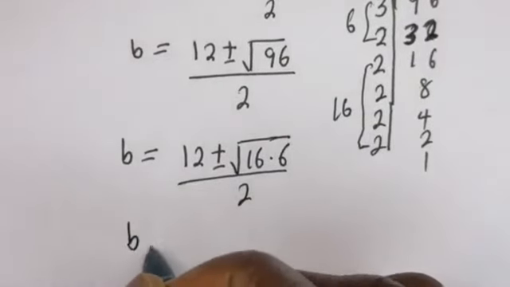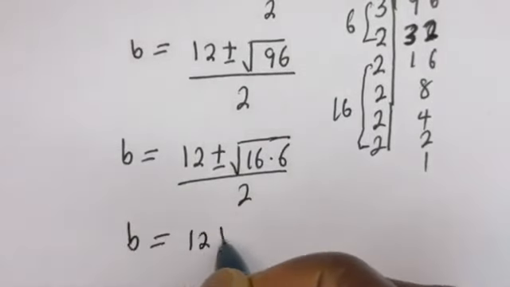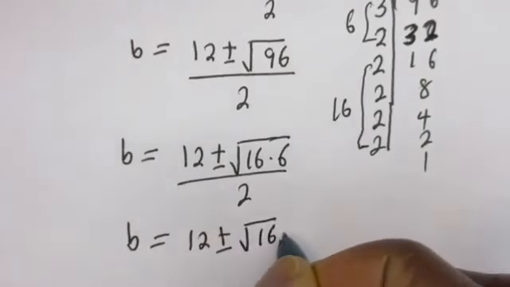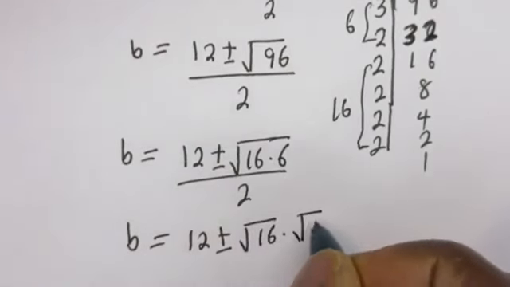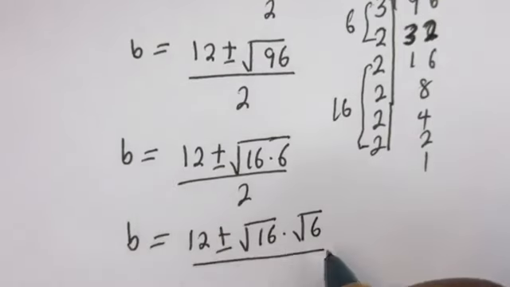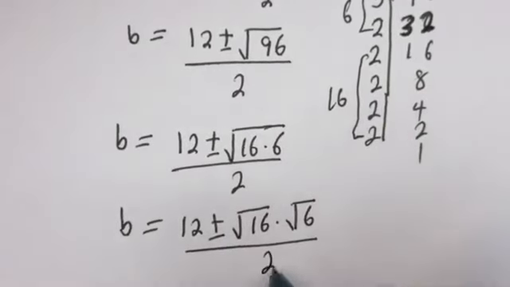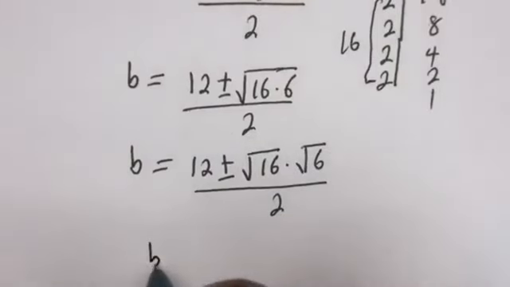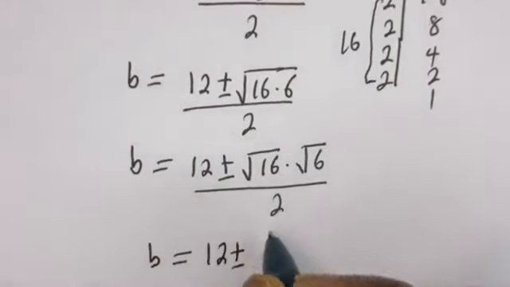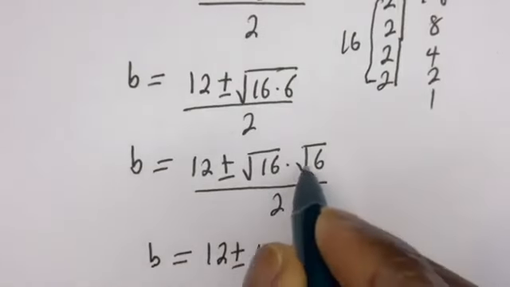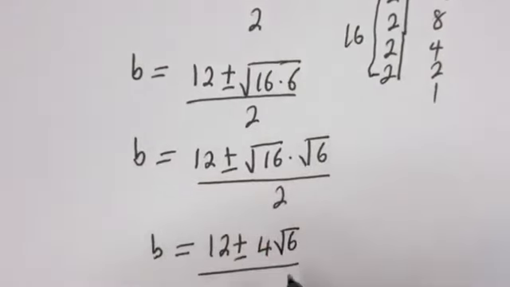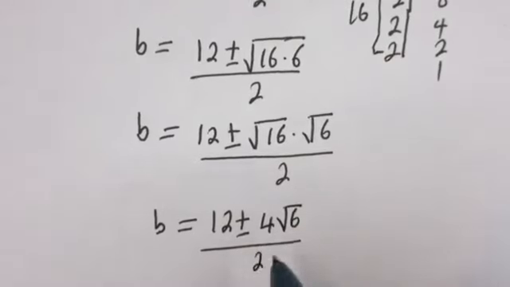Here, B is equal to 12 plus or minus square root of 16 multiplied by square root of 6, divided by 2. Square root of 16 is 4, multiplied by root 6, divided by 2.